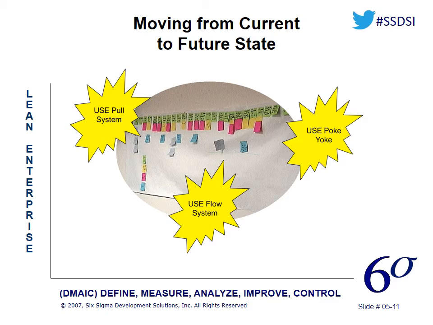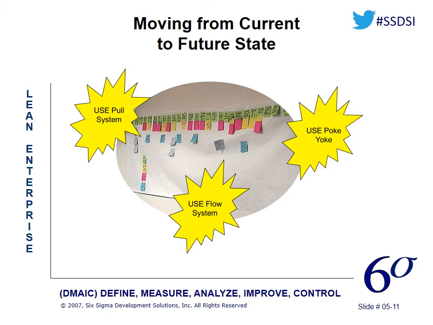And we also write the future state in the concept of our key performance indicators or our targets. So when I draw my future state, I want to draw it to meet what my goals are, what my targets are.